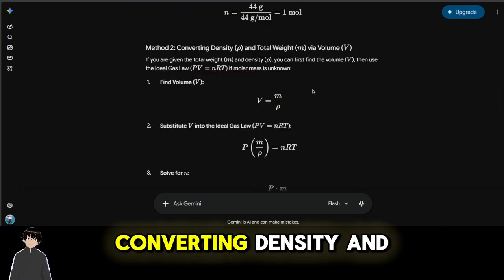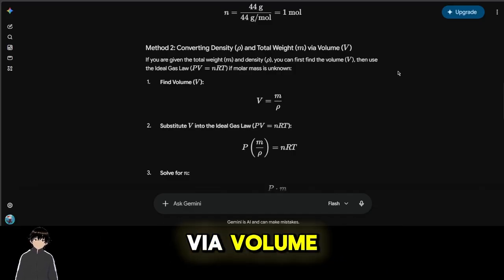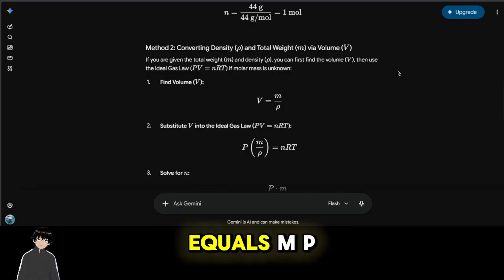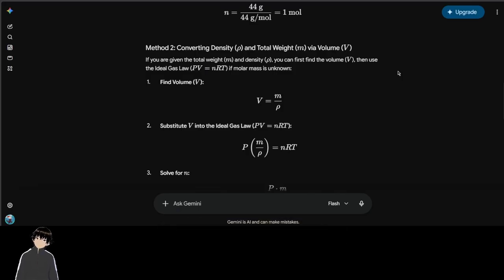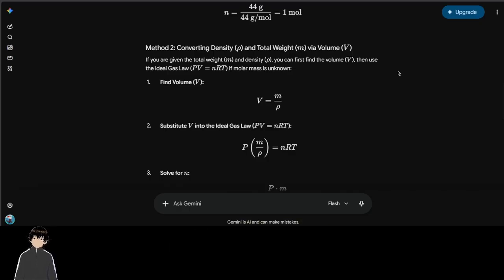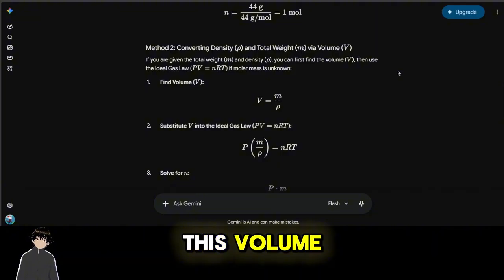So, converting density and total weight via volume: mass over density is volume.